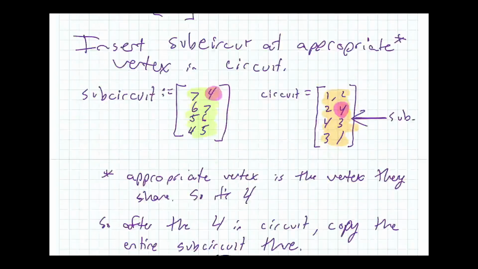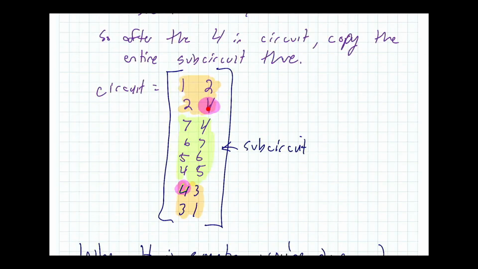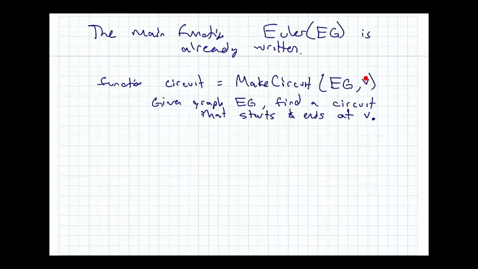The reason this worked here was because we knew that 4 was a vertex where you could find another circuit, and then you could find that circuit and put it back in where it goes. That's the idea. So you need to be able to specify a vertex. So that's a task that we had to do. So you're going to write that function.